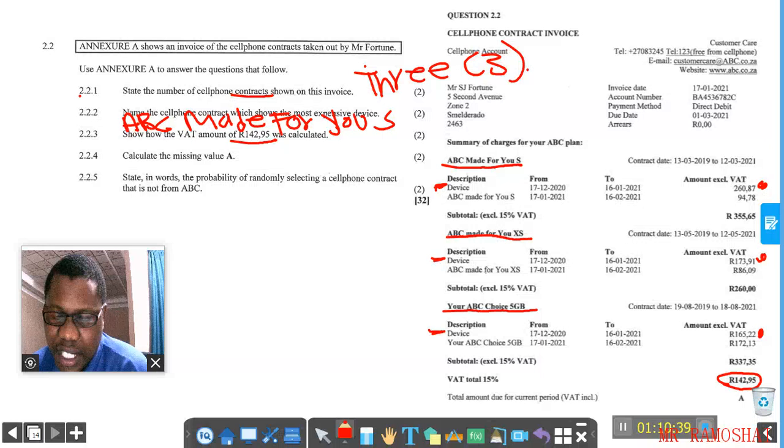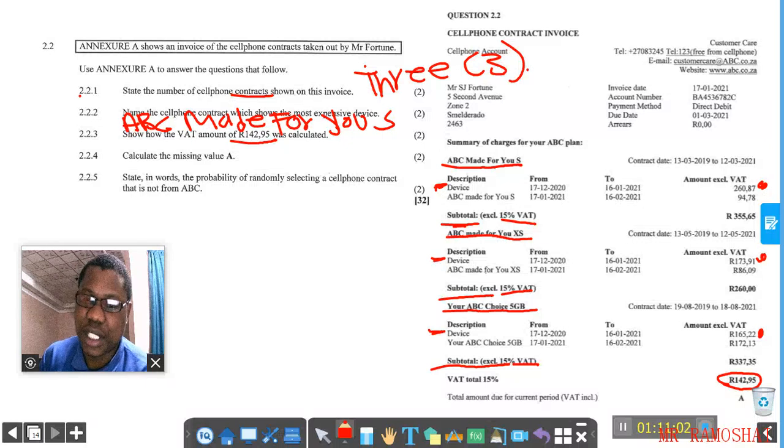So if you check everything here, every contract has a subtotal. It says exclusive of 15% VAT. So the 142.95 is the amount of VAT, right? So we want to know how was it calculated.